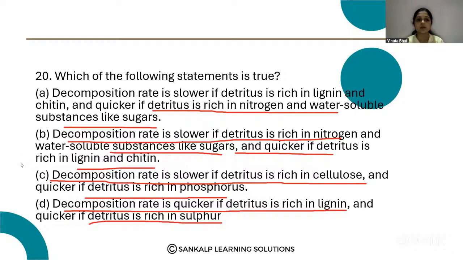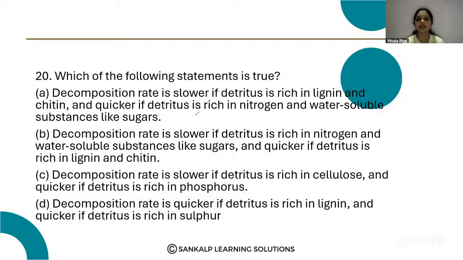Option D: Decomposition rate is quicker if the detritus is rich in lignin and quicker if the detritus is rich in sulfur. So look here, decomposition means the breakdown of the organic matter into simple inorganic substances. So decomposition rate is slower if the detritus is rich in lignin and chitin. Lignin and chitin are complex materials, so they need more time to break down.